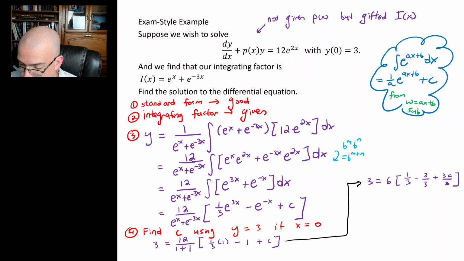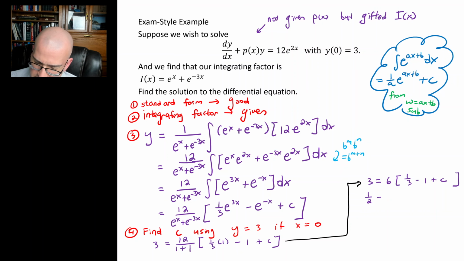I'm going to divide both sides by 6, so 1/2 is equal to all that jazz. You know what? I'm not going to do that common denominator stuff. I'm going to show you a better way. 1/3 minus 1 plus c. So 1/2 is equal to all that stuff.